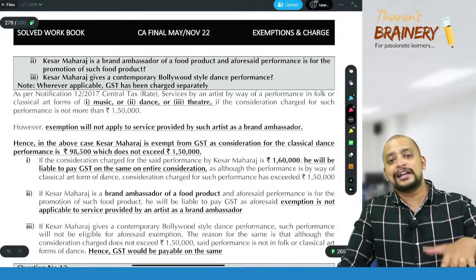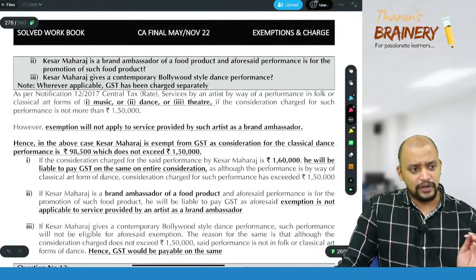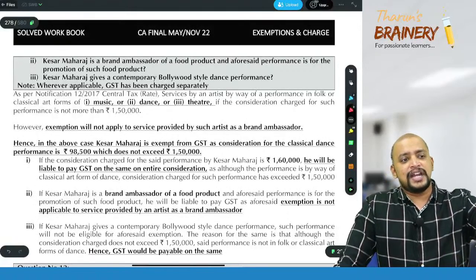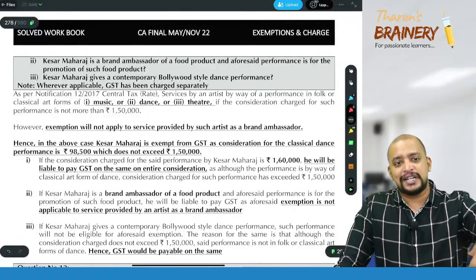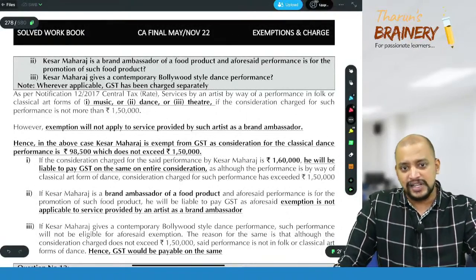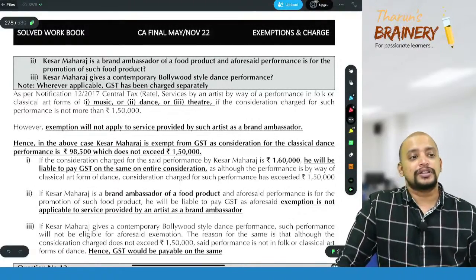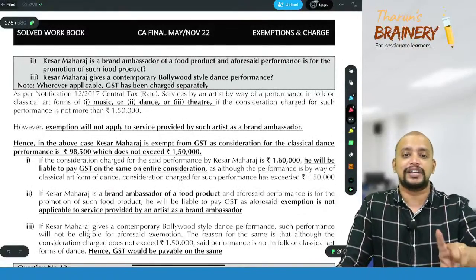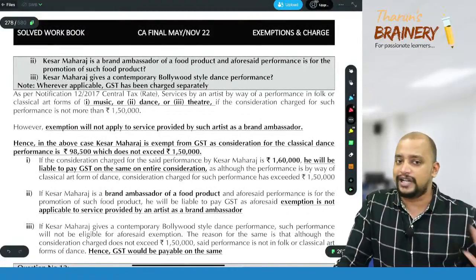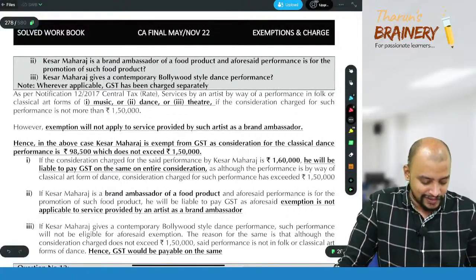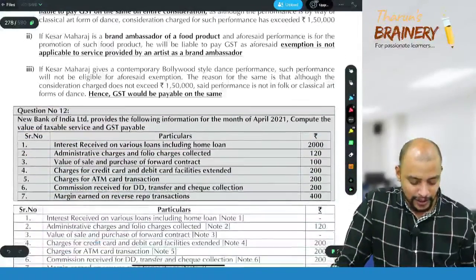That Nayandi dance is regional, native. In villages, whenever they have some small celebrations, gatherings, etc., there Nayandi is a normal play. That will be dance only, but it will come under folk, it is not classical. Then also it is exempted. But Bollywood style dance performance is nowhere given there. So therefore it will be taxable.